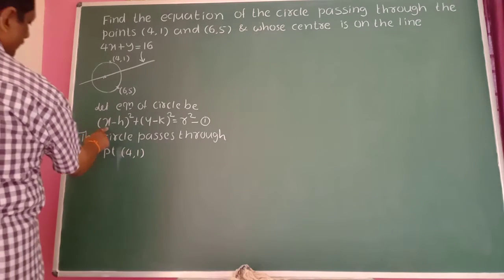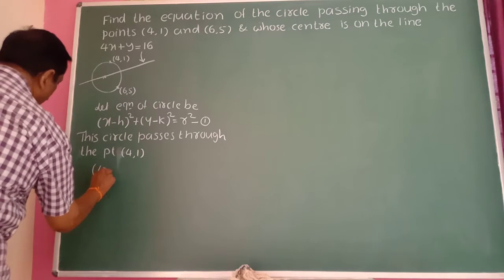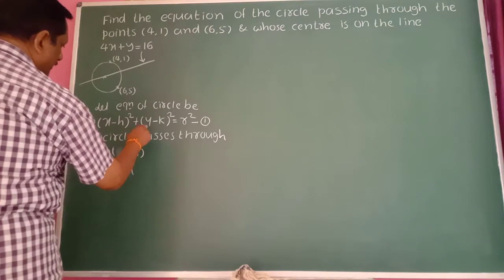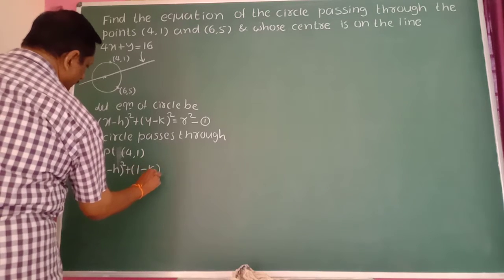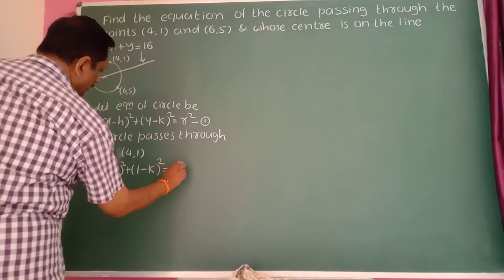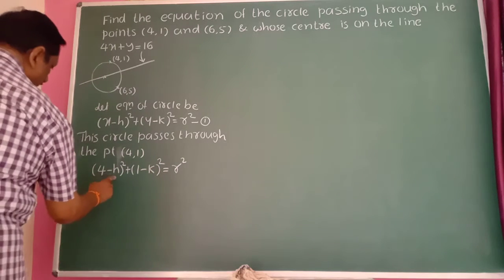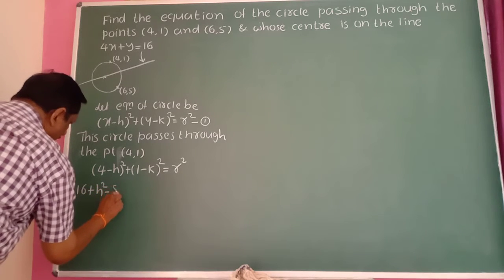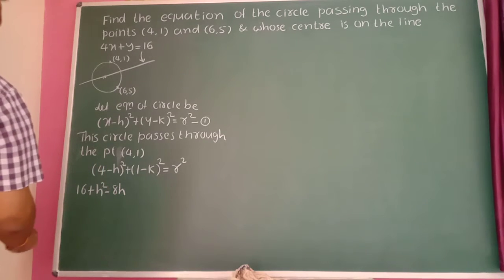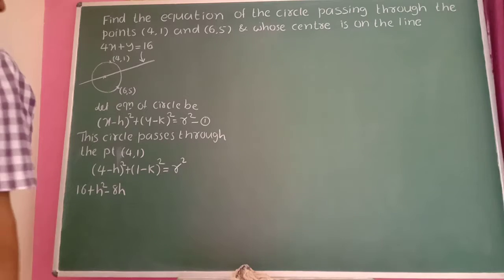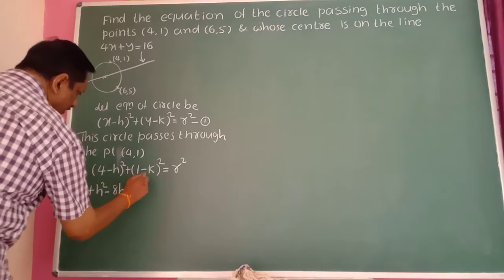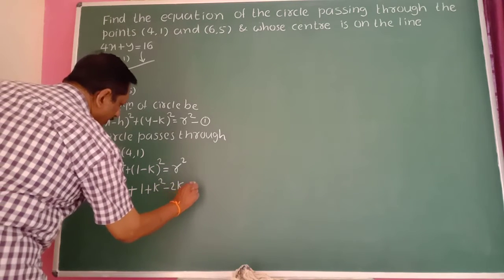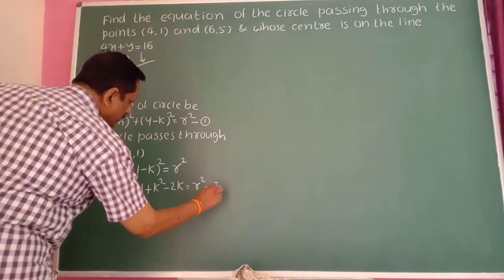Therefore, put x value 4 and y value 1 here: (4 - h)² + (1 - k)² = r². Expanding the bracket, (4 - h)² is 16 + h² - 8h, then (1 - k)² is 1 + k² - 2k, equal to r². Take this one as equation number 2.